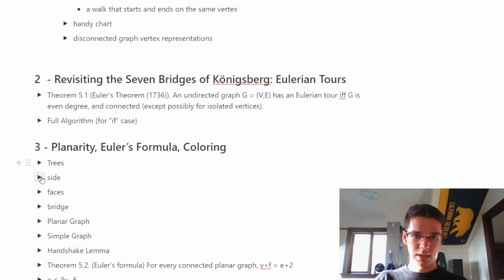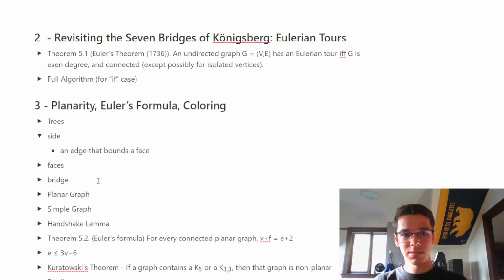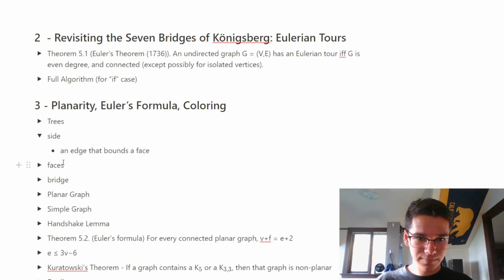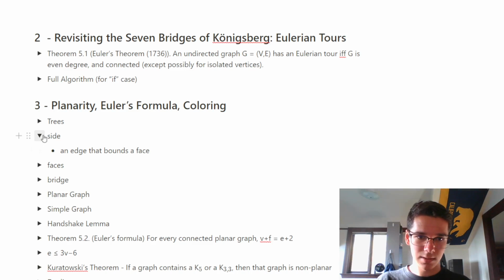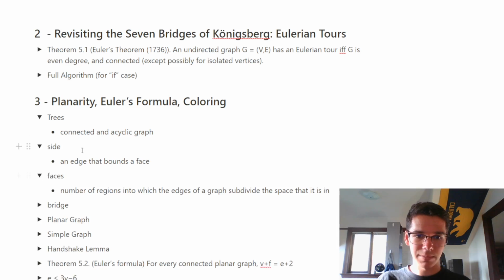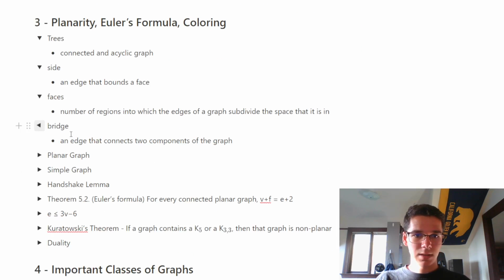So next, this is sort of terminology in the beginning. A side is an edge that bounds a face, and a face is essentially a segment on a graph. I will illustrate all of this in a little bit, but I'm just going to get the words out on the page. And then a bridge is kind of just an edge that connects two components of a graph.